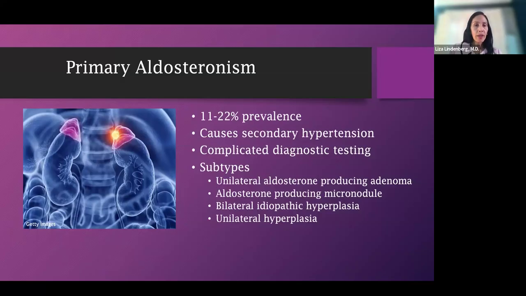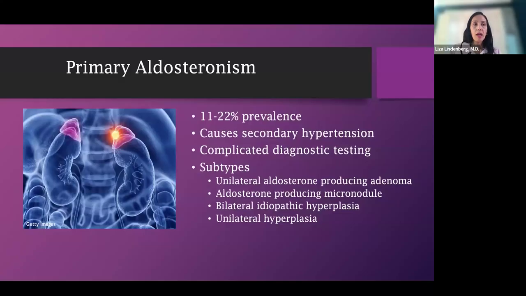So aldosterone is a mineralocorticoid hormone involved in maintaining the homeostasis of extracellular volume, blood pressure, and potassium levels with mediation through the renin-angiotensin pathways. Primary aldosteronism is dysregulated aldosterone production.